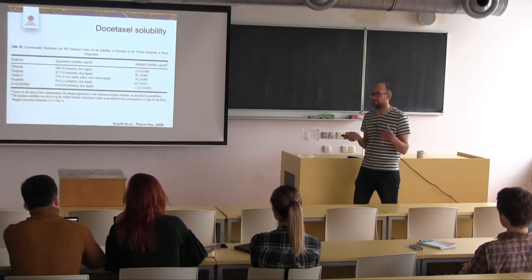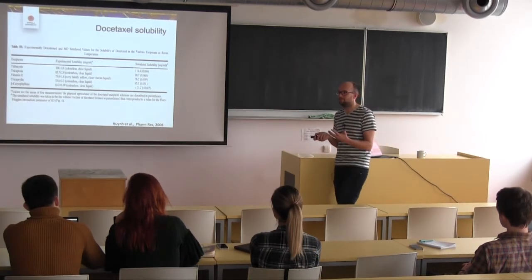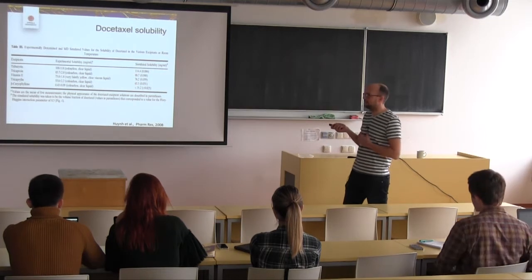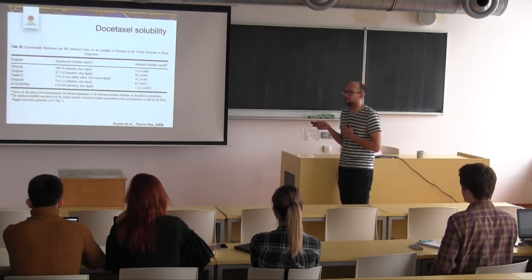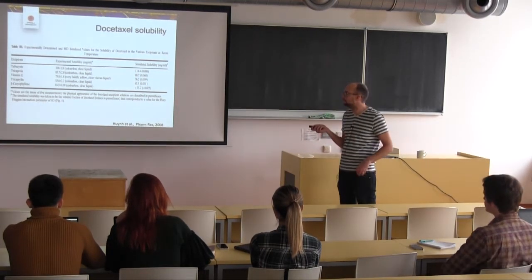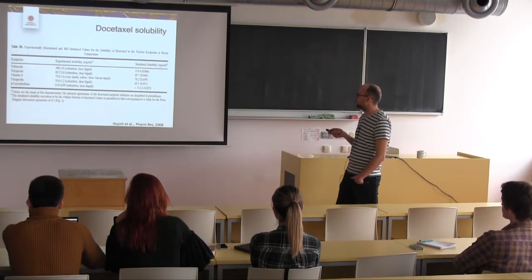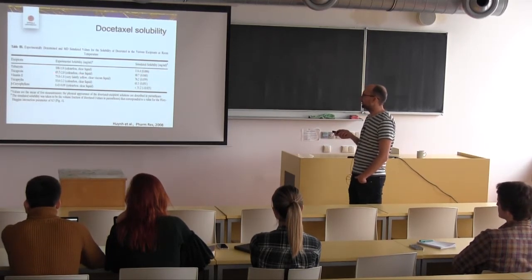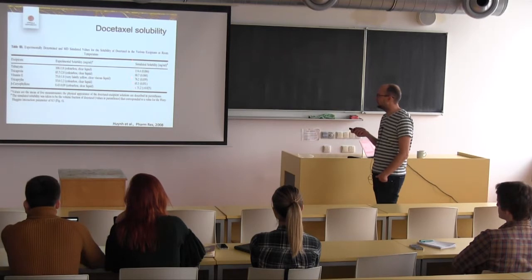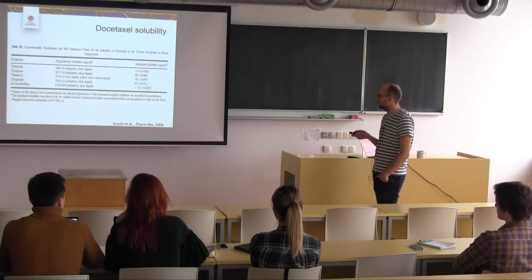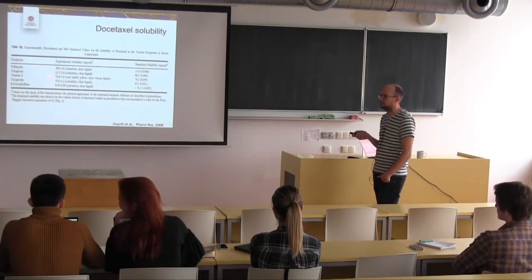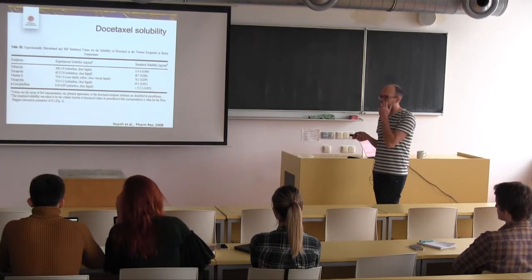As opposed to my previous example, these are now actual solubility values. This is what you would go and measure in the lab. And as you can see, there is a rather nice correlation between the values obtained from calculations versus what one actually measures in the lab.